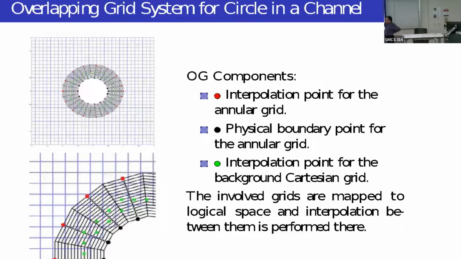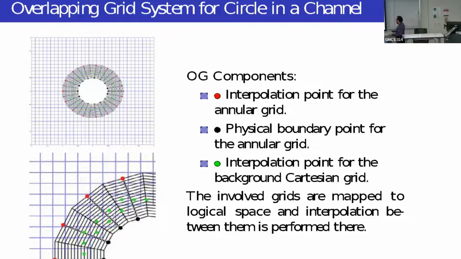But talking about complicated problems, this is leading in that direction. This is in 2D, but it represents a hole in a channel, or it could be a missile going through somewhere. The thing is that it's an irregular geometry, so in this case we use what are called overlapping grids.